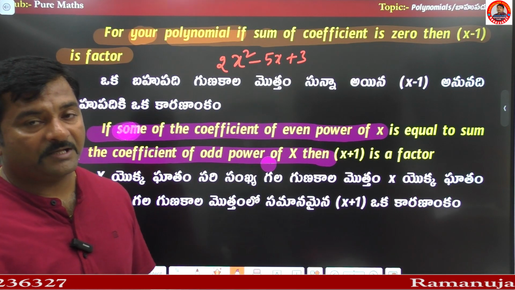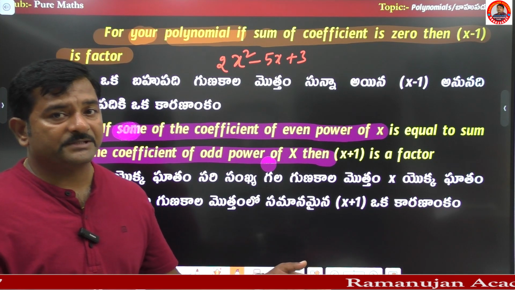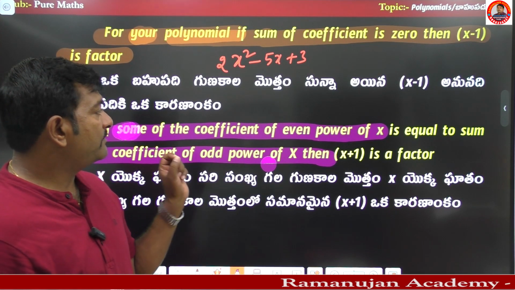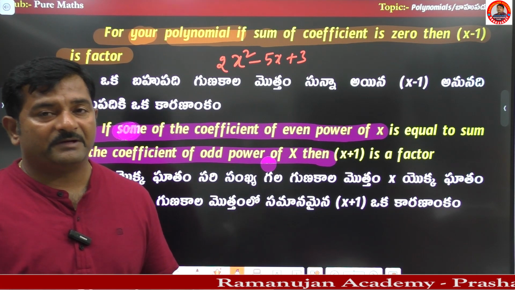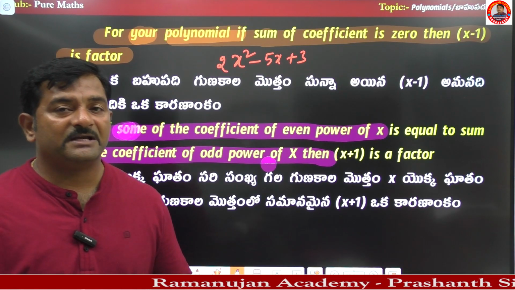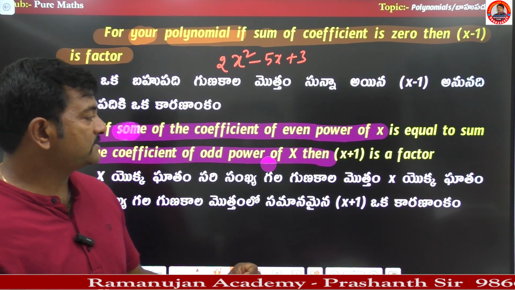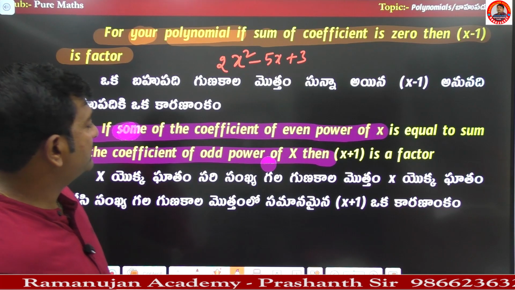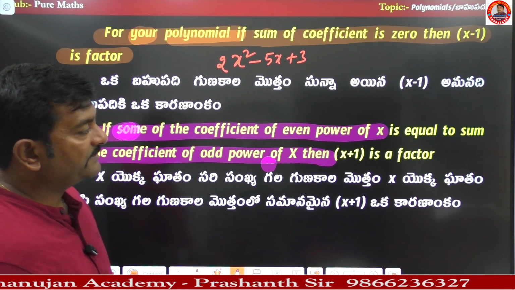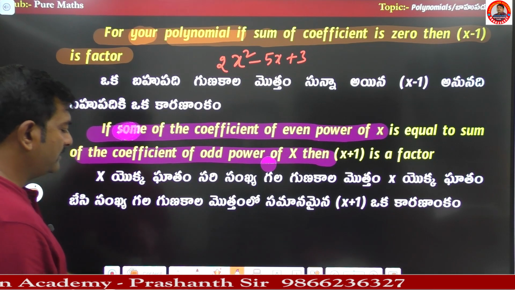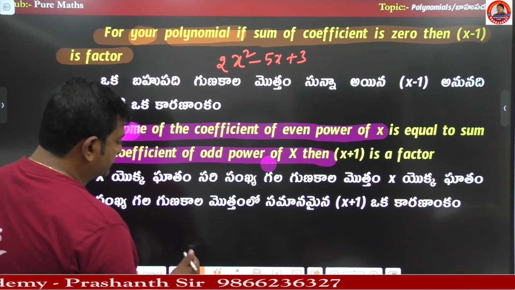Understood? While discussing, we are going to discuss some problems, don't worry. If the two sums are the same, then we can say x plus 1 is a factor.